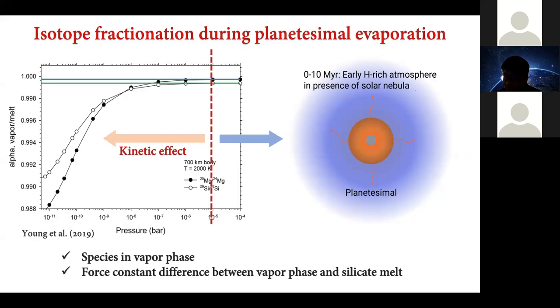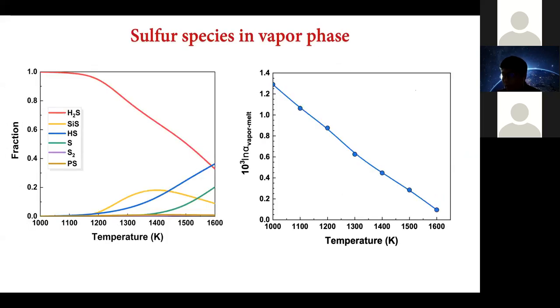So we calculated the sulfur species in the vapor phase using Gibbs code, which is based on a thermodynamic database. We started with the solar abundance for the elements, and we can see that the most important species for sulfur in vapor include H2S, HS, among which the fraction of H2S is the largest at, for example, 1000 to 1500 Kelvin.